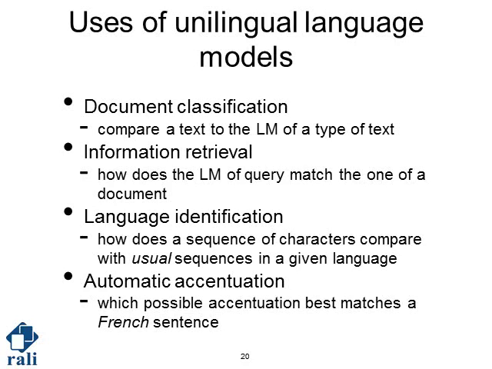You build a language model of a set of documents, then you try to match the language model of the query with the ones of the documents. You can also use that for language identification. This was one of the first applications of language models: you take a sequence of characters and then you try to guess the language from which this sequence comes.